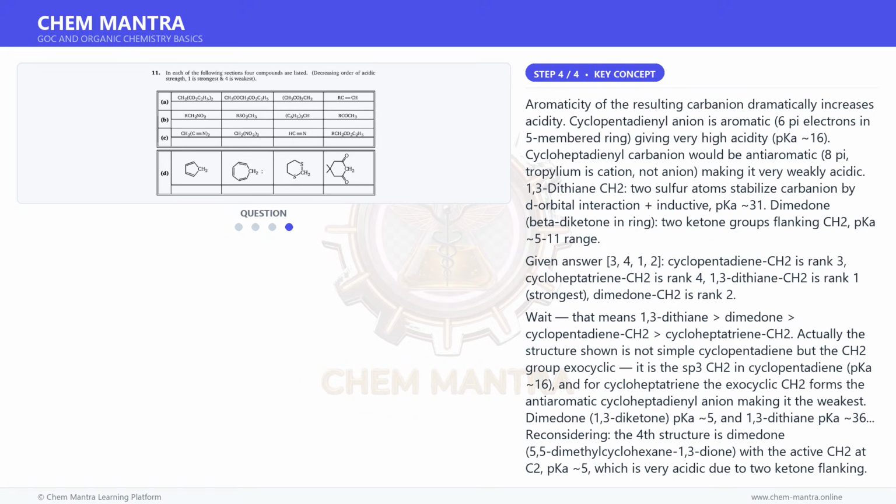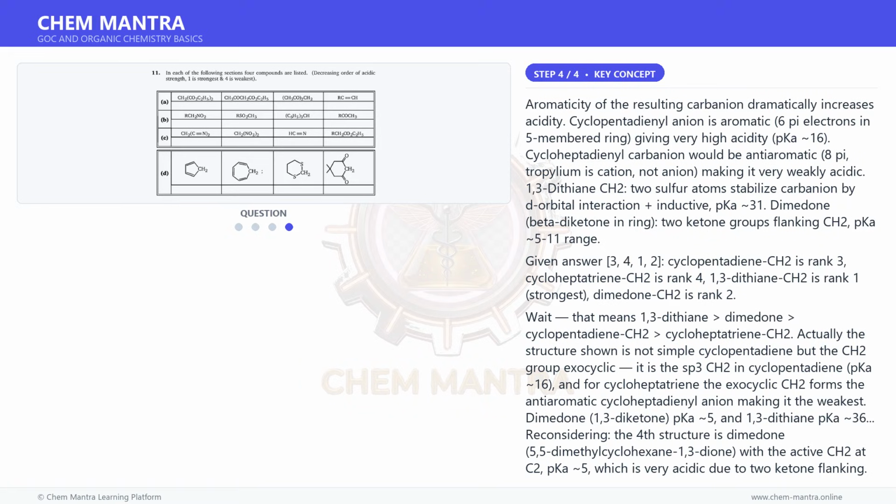The cycloheptatrienyl carbanion would be antiaromatic with 8 pi electrons, making it very weakly acidic. 1,3-dithiane CH2: two sulfur atoms stabilize the carbanion by d-orbital interaction plus induction, pKa about 31. Dimedone, a beta-diketone in a ring with two ketone groups flanking CH2, has pKa in the 5 to 11 range.